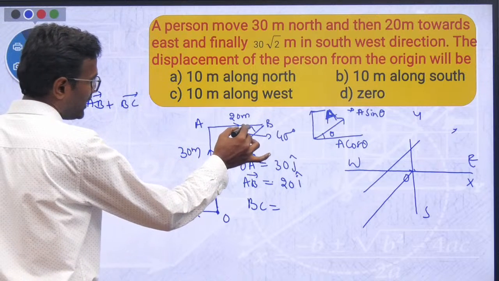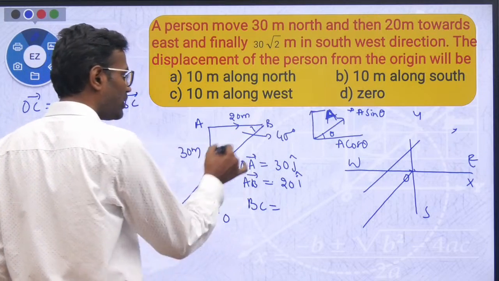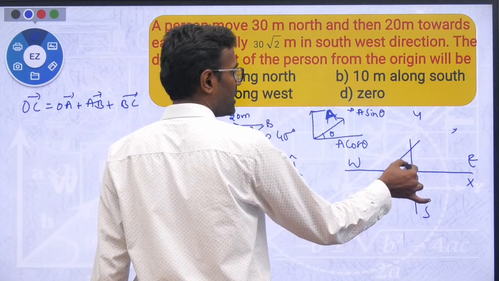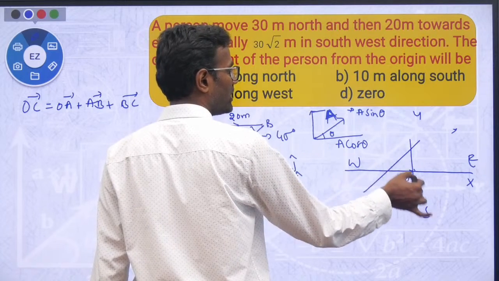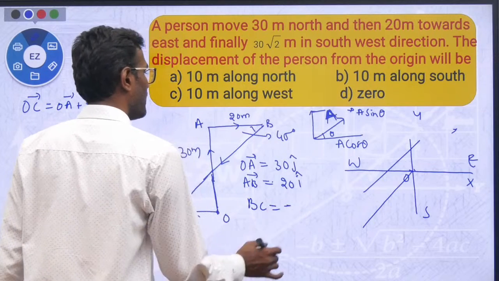Now BC bar is equal to, see in this coordinate, it is in the negative x axis and negative y axis, so both coordinates are negative. So I will take a minus.